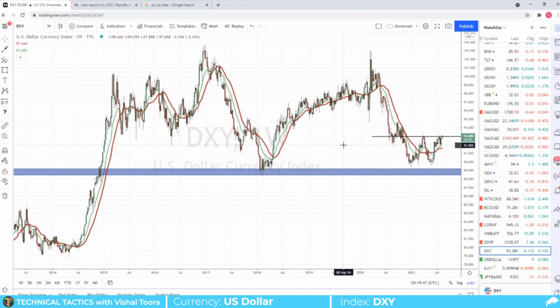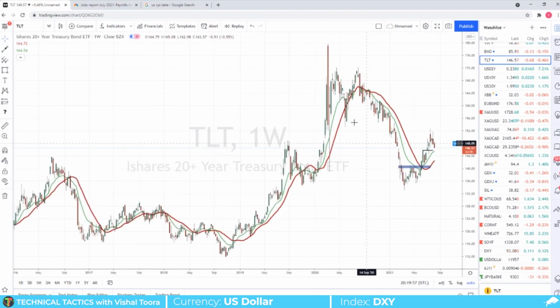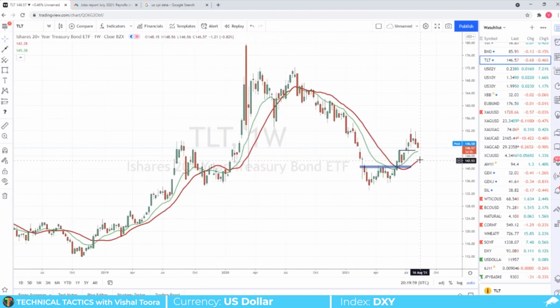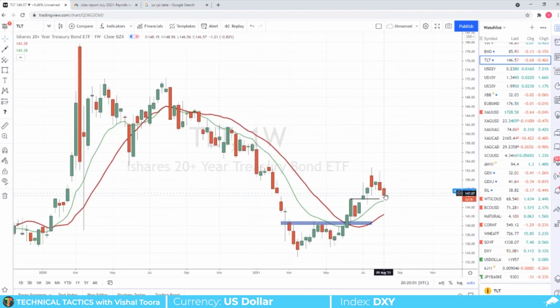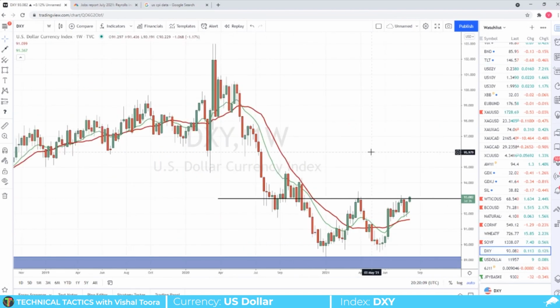But in order for real fear to be seen here, we want to see TLT increase at the same time. If money is running both into bonds and the US dollar, we're seeing some fear, but as you can see here, we're not seeing much buying in TLT, in bonds, at a time when the dollar is rising higher.